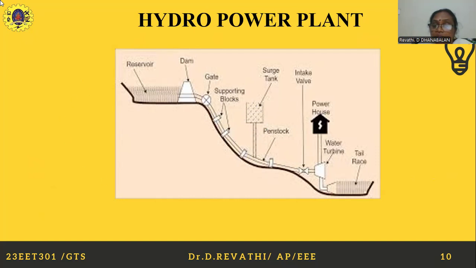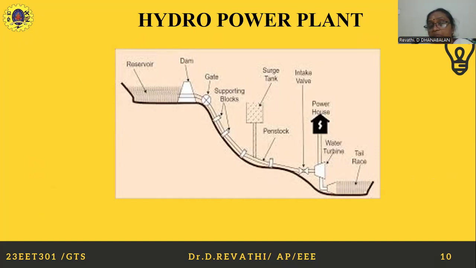For example, if demand is less compared to before, we do not need to produce that much energy, but the water flow is high. If pressure increases in the penstock, it may damage the penstock.